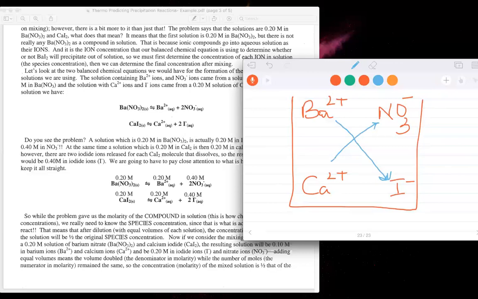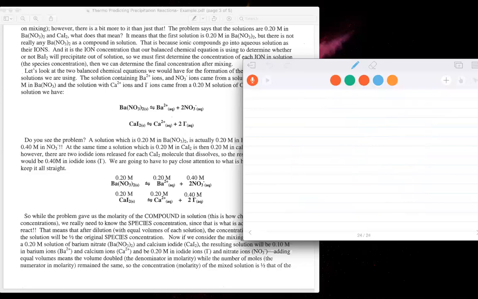Look at the products when you exchange the ions: barium ion aqueous with iodide aqueous forms barium iodide. You force it as if it is solid. We don't know which one is solid.